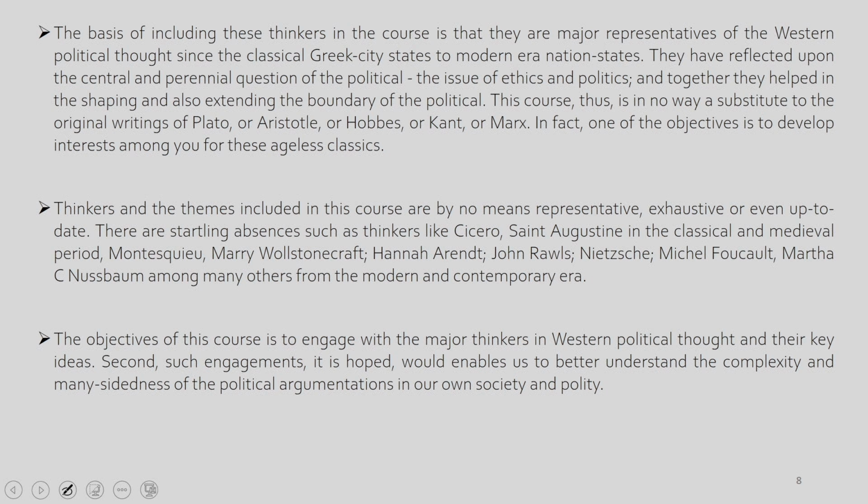Now, the basis of including these thinkers and not including other thinkers in this course is that they are, first, the major representatives of Western political thought, from classical Greek city states to modern era nation states, and they have reflected upon the central and perennial question of the political, the issue of ethics and politics, and together they help in shaping and also extending the boundary of political thought.